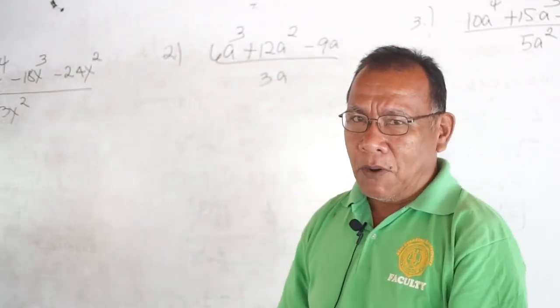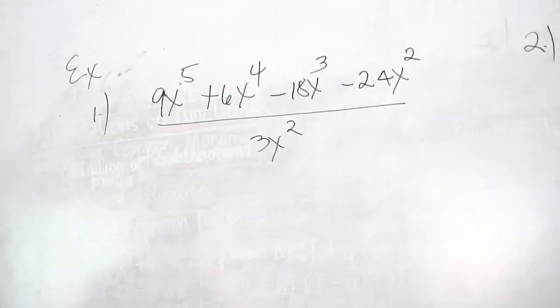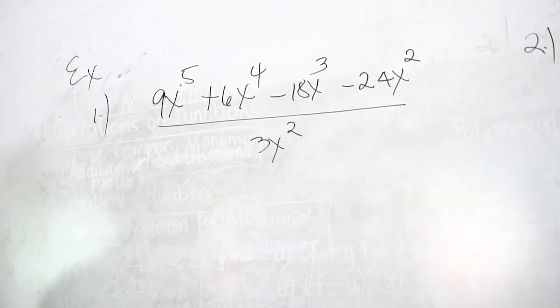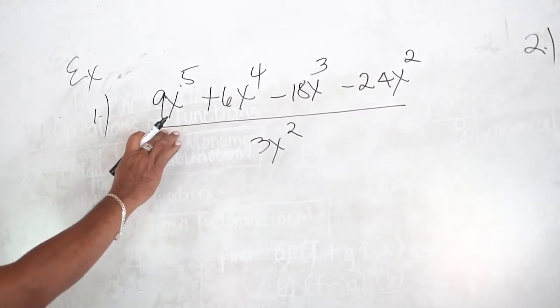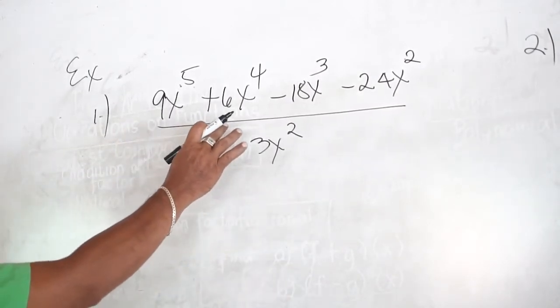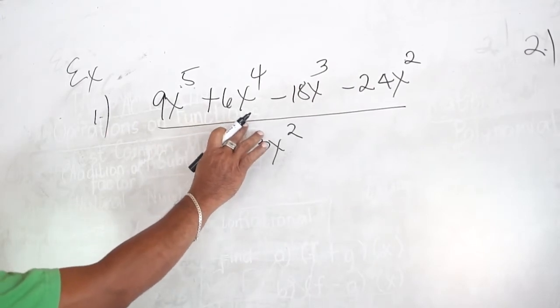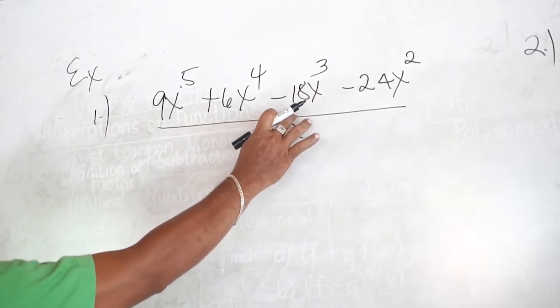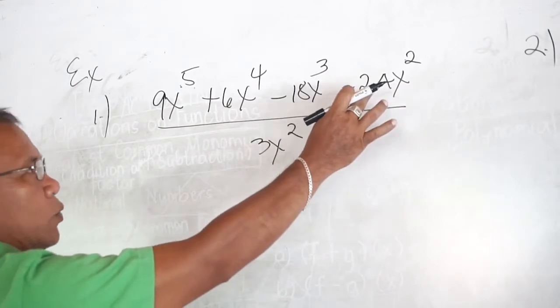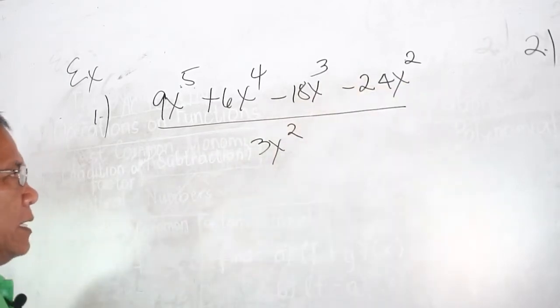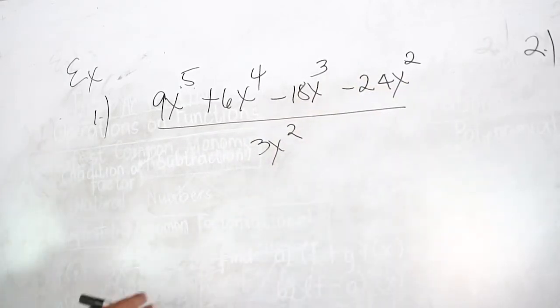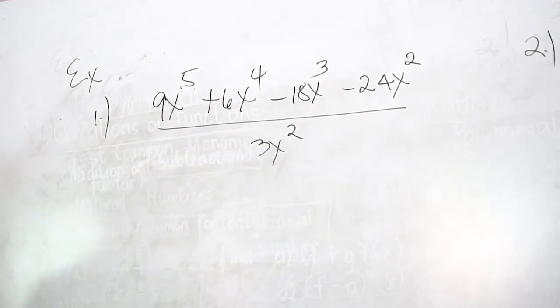Okay, for example, example number 1: 9x to the 5th power, positive 6x to the 4th power, negative 18x cubed, negative 24x squared, divided by 3x squared.